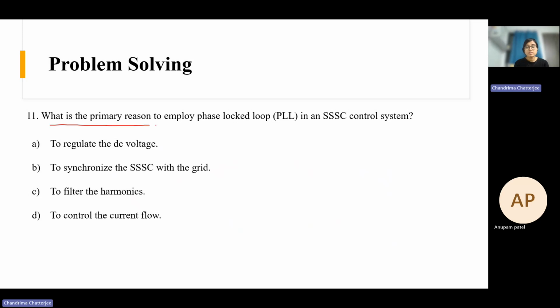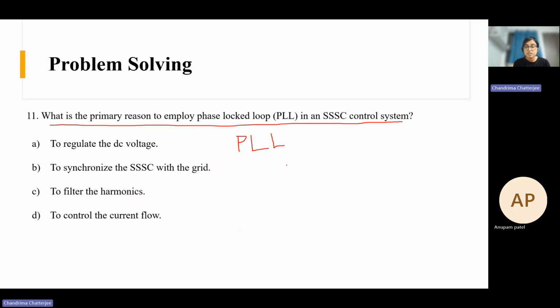What is the primary reason to employ phase lock loop in an SSSC control system? So, phase locked loop, PLL, is a circuit that is used when we need to interface with the grid, we need to synchronize with the grid.